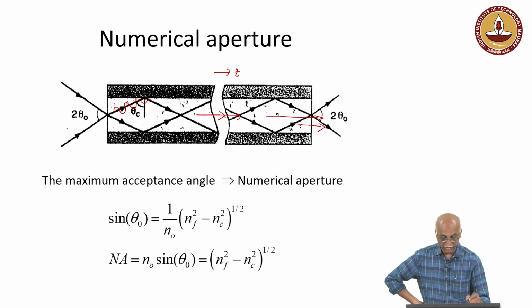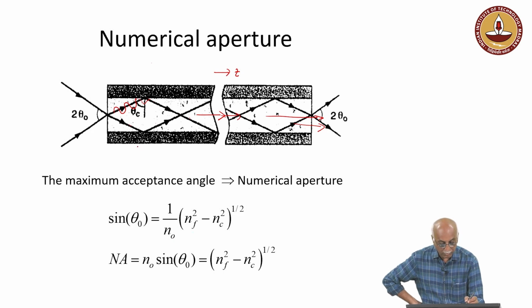Here NF, maybe I should have mentioned, is the core, and NC is the clad. So the refractive index of the core is more, the refractive index of the clad is less.